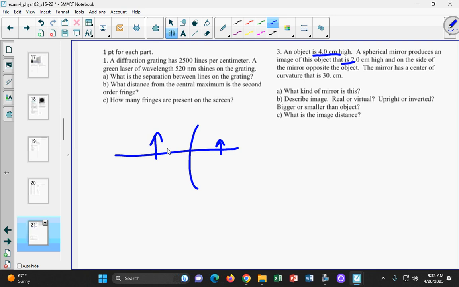So it's a convex mirror. That means that the focal length is going to be negative. Since I give you the center of curvature as 30 centimeters, the focal length is 1/2 of that, so it's going to be negative 15. That's the first thing I need to recognize: what the focal length is, and whether it is positive or negative. The next thing you'll need to know is the magnification. Since I tell you the height of the object and the height of the image, m is equal to hi over ho, so the magnification is positive 1/2.